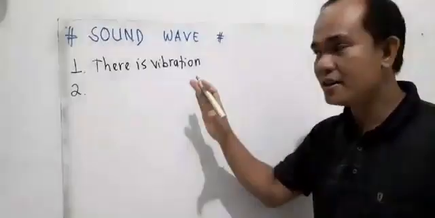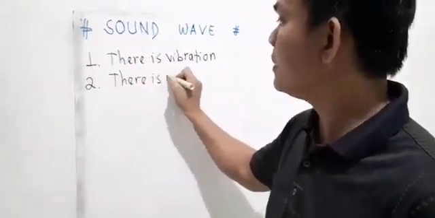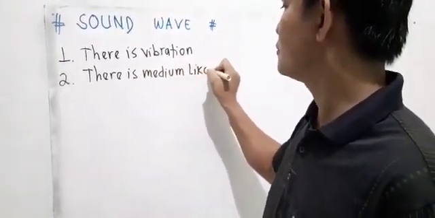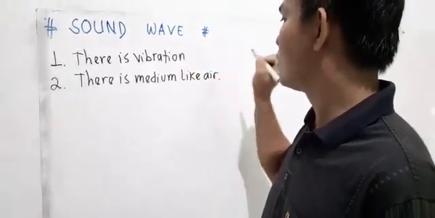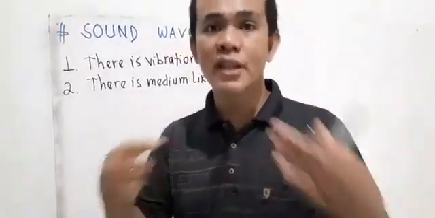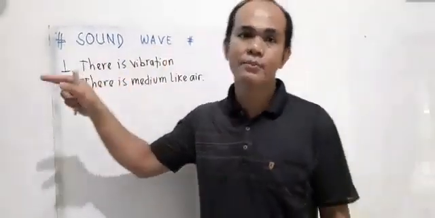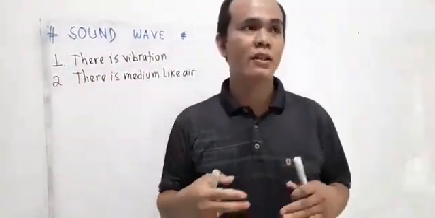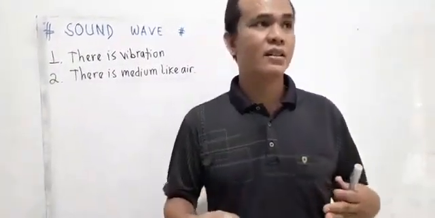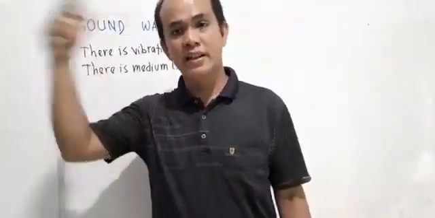Number two, the second requirement why we can hear the sound is because there is media or medium, like air. Without air, we cannot hear what you say. The sound wave cannot propagate. The sound wave cannot be transferred in the space, in the area where there is no air inside.